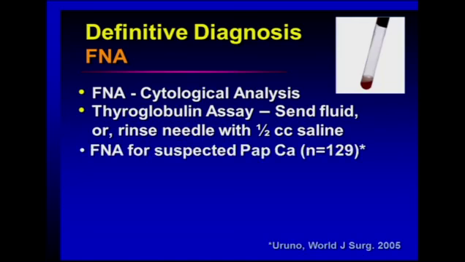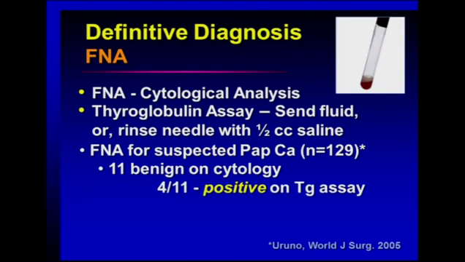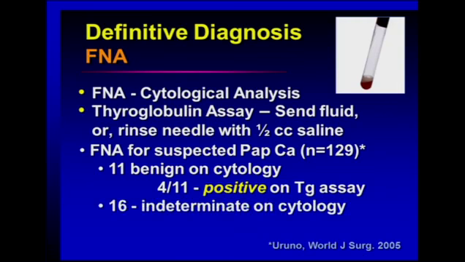In one study of 129 such thyroglobulin assays of suspected metastatic disease, most of these were positive. However, some were benign on cytology, and 4 of 11 of those were positive on the thyroglobulin assay. Also, 16 were indeterminate on cytology, and 6 of those 16 were positive on thyroglobulin assay.